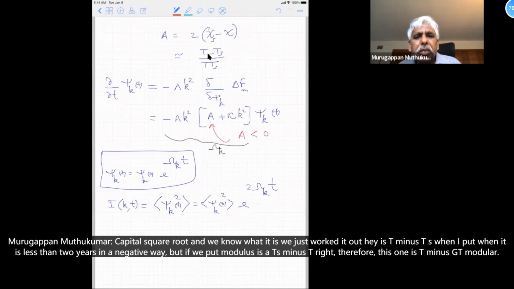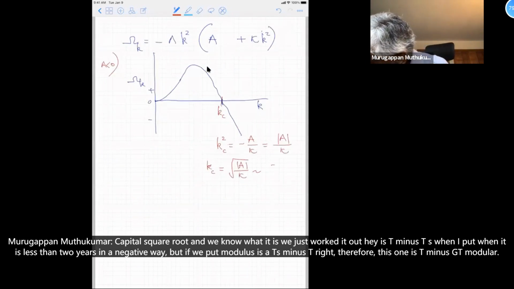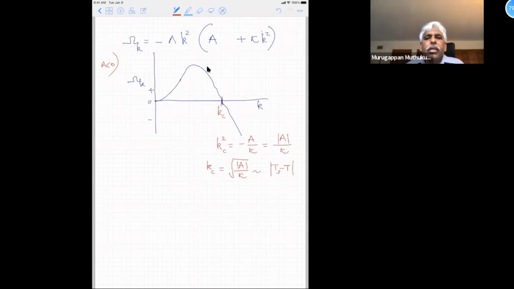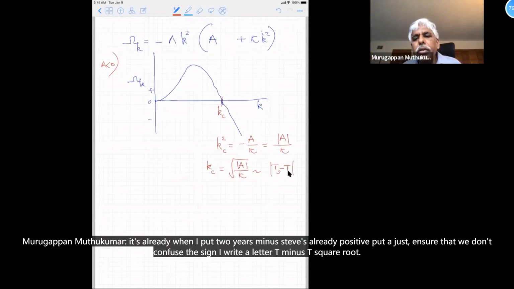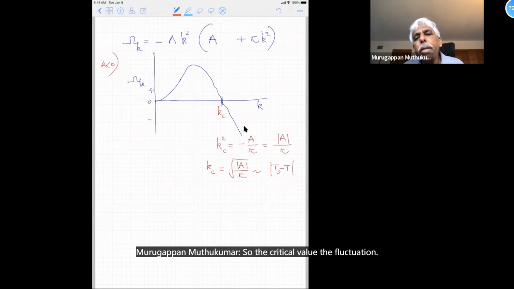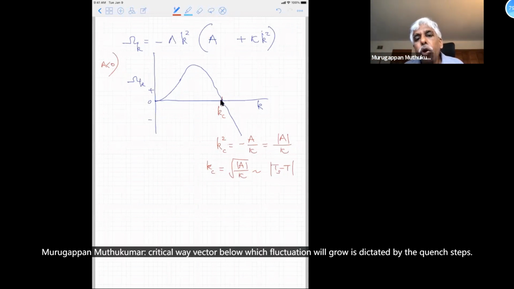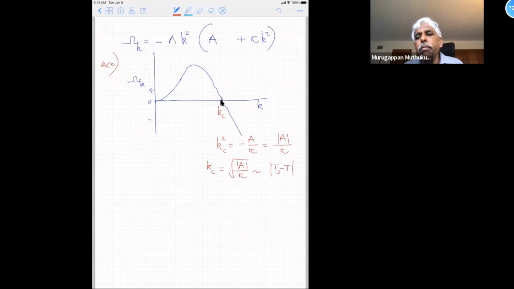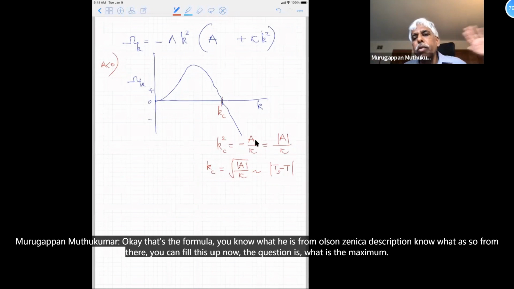When T is less than Ts, a is negative, but if you put the modulus, it's Ts minus T. It's already positive, but just to ensure that we don't confuse the sign, I write it as the square root of modulus Ts minus T. So the critical wave vector, below which fluctuation will grow, is dictated by the quench depth. That's the formula. From the Cahn-Hilliard description, you know what A is, so from there you can figure this out.